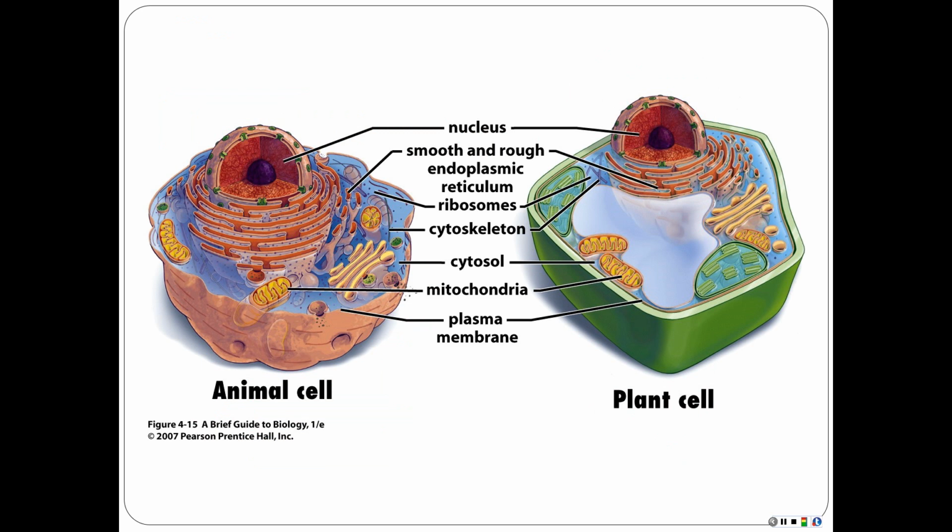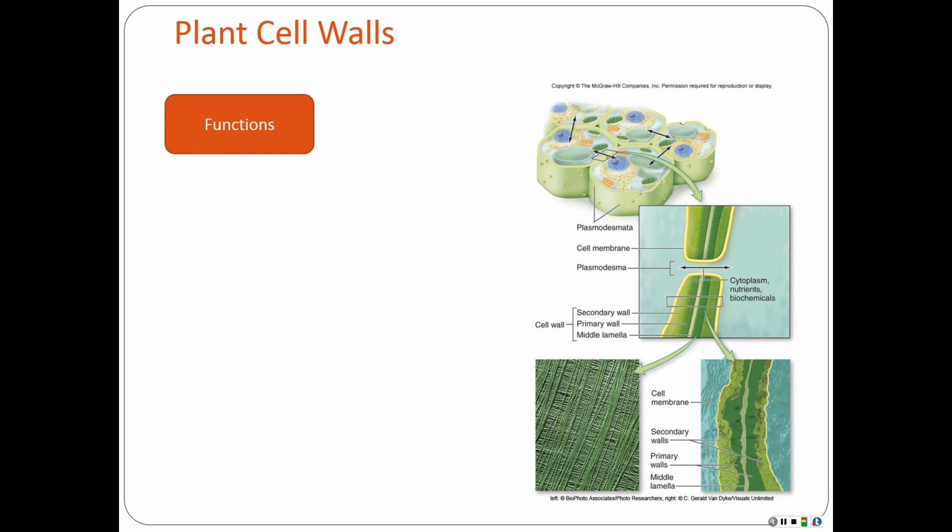Another feature unique to a plant cell is going to be the presence of a cell wall. A cell wall is not the same thing as a cell membrane. A plant cell will have a plasma membrane or a cell membrane and a cell wall. It's easy to get the terms confused, but I want you to make sure you do not confuse a wall versus a membrane.